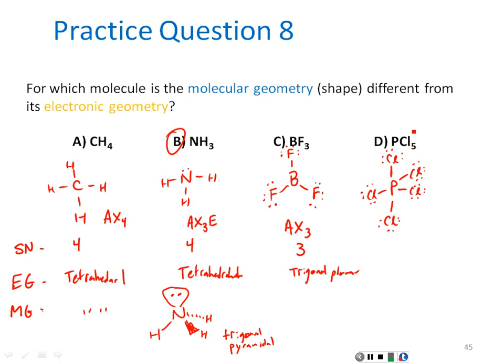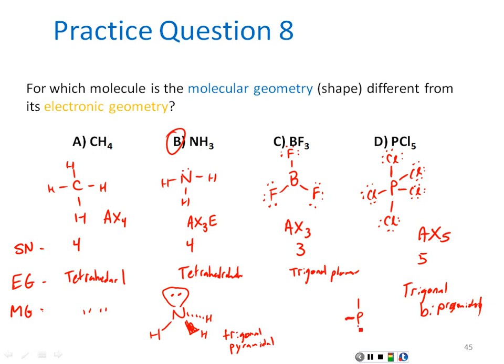And for phosphorus pentachloride, the formula is AX5. The steric number is 5, and both electron geometry and molecular geometry become trigonal bipyramidal. And let's try to draw that in 3 dimensions so you can see.